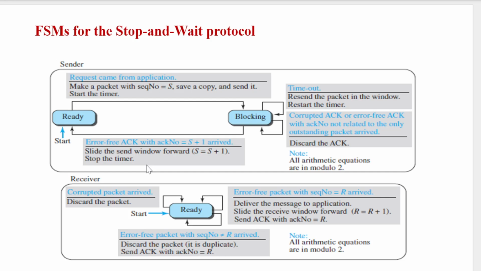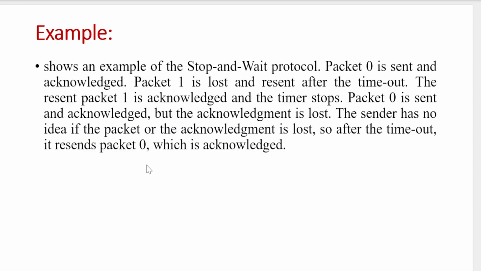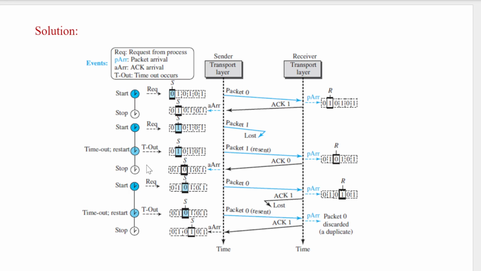Here you can see the block diagram, so we can discuss more clearly. Packet 0 is sent, acknowledgement 1 is given, that means it is expecting the next data. It is very clear and concise. Then the timer starts, and the other packet is sent.